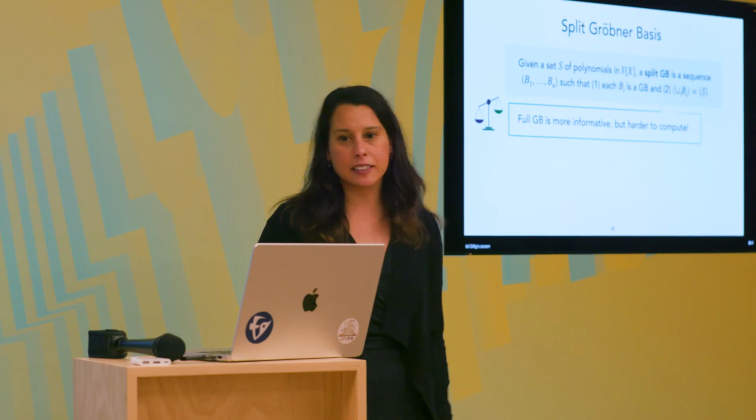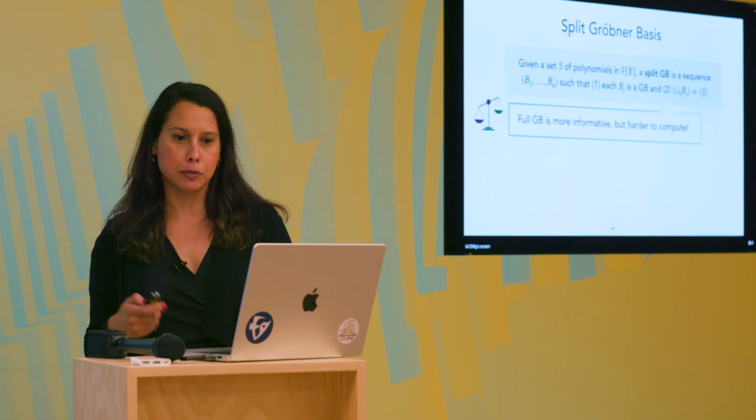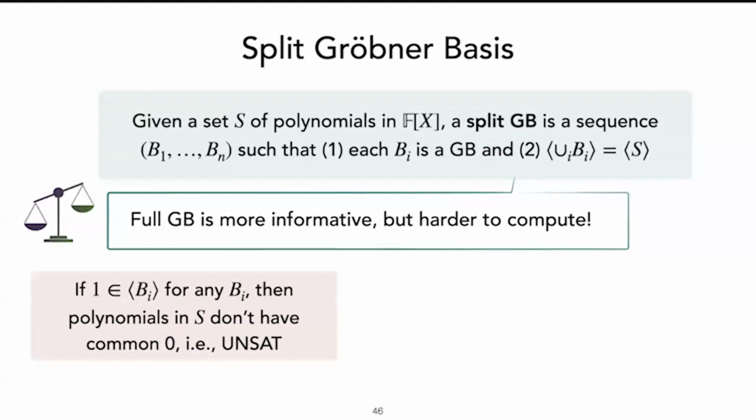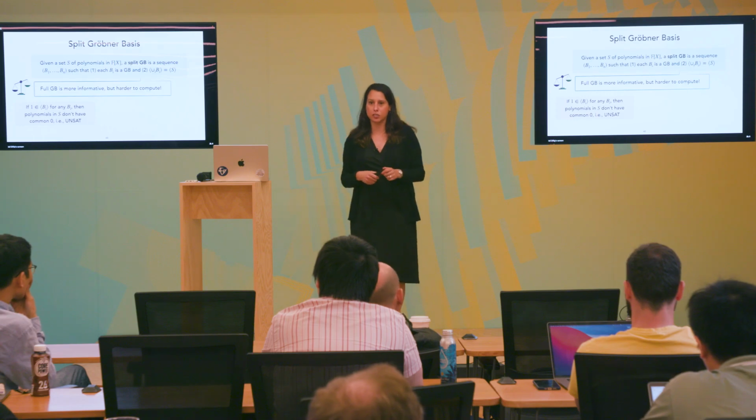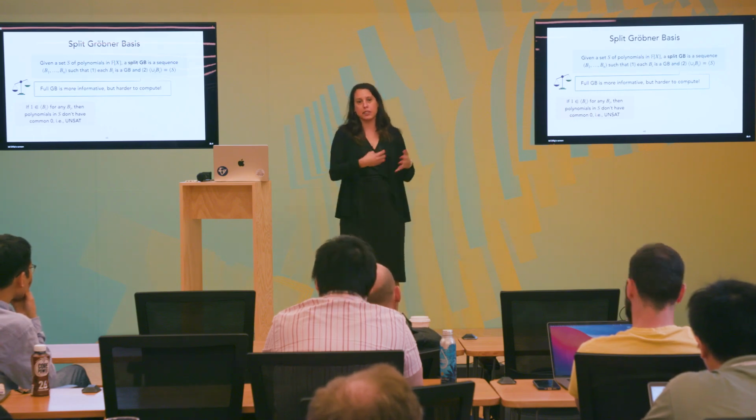So how do we use the split Grobner basis in our decision procedure? The first obvious fact is that if we can prove that 1 isn't in the ideal generated by any of those bi, then that means some subset of the polynomials don't have common zeros, so therefore the full set of polynomials will clearly also not have common zeros, because we're looking at a subset of those.